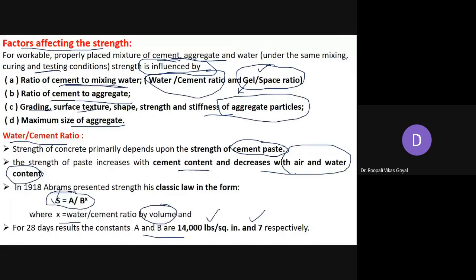By looking at this equation, if A and B are constant, you can say that the strength solely depends upon the water cement ratio, and it is in the denominator. B is constant, so the higher the power X, the more your denominator will increase, and it will decrease your strength, because A is constant, B is constant, X is the power of B. So as X increases, your strength decreases.